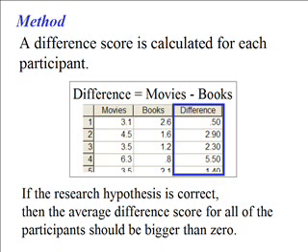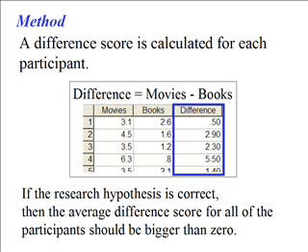The difference between movie watching and book reading is 2.9 hours. For person number 1, who spends 3.1 hours watching movies and reads for 2.6 hours, the difference is 0.5. For every single person, we can calculate a difference score to find out what is the difference in the amount of time that they spend watching movies versus reading books.